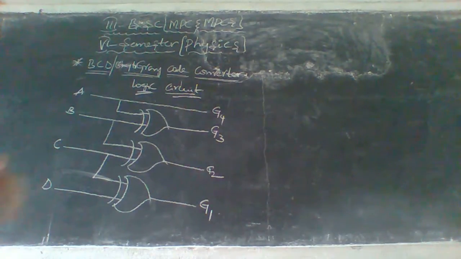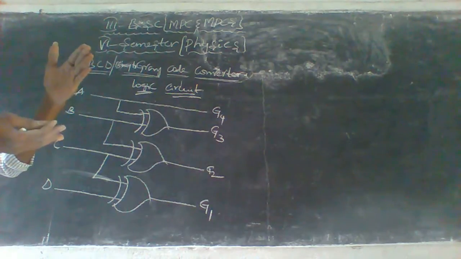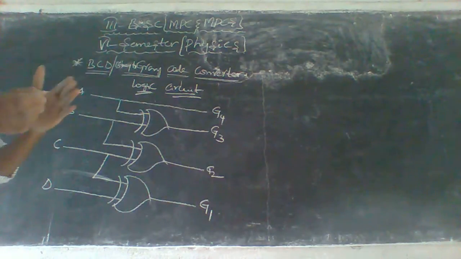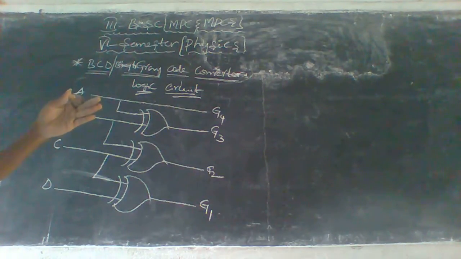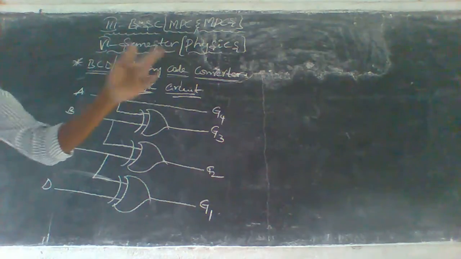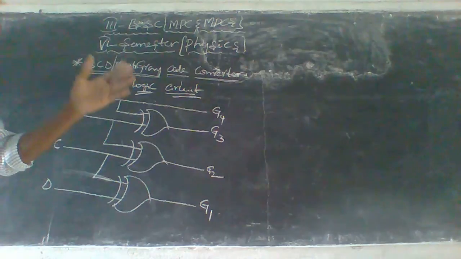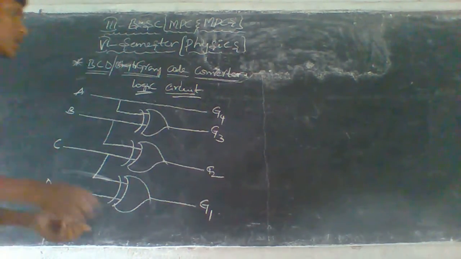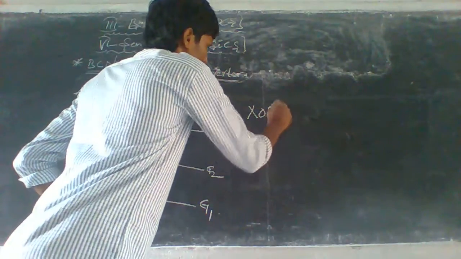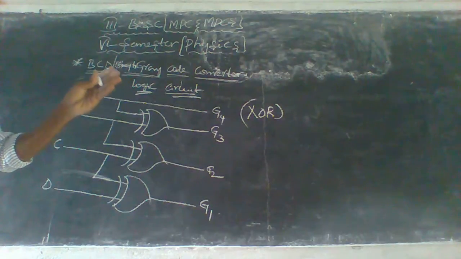So how to convert binary to gray code? The most significant bit of the gray code will be exactly equal to the first bit of the given binary number. The second bit of the gray code will be the exclusive OR of the first and second bit of the given binary number.